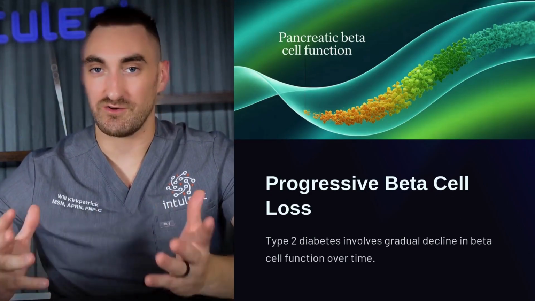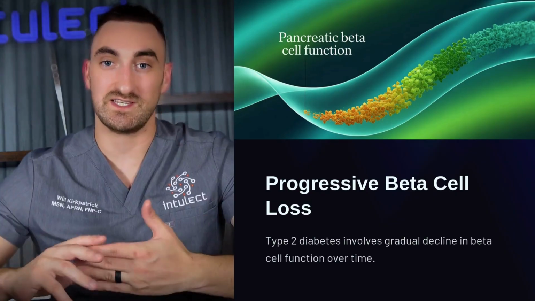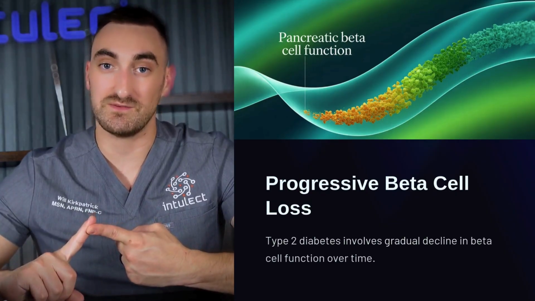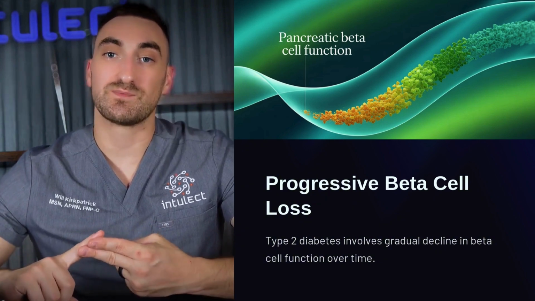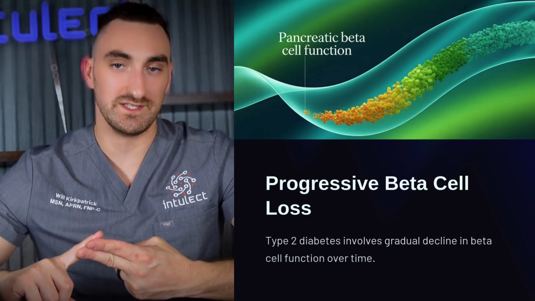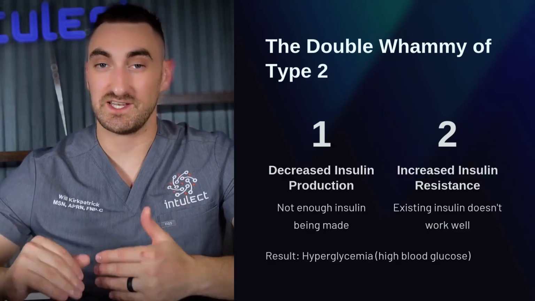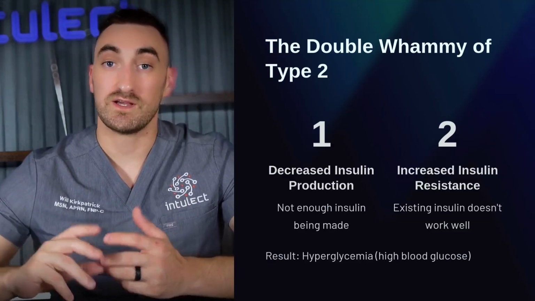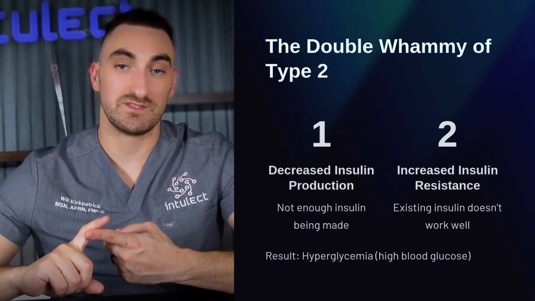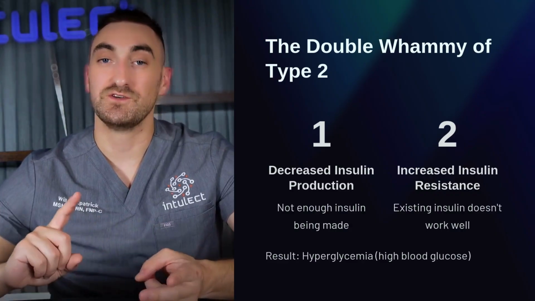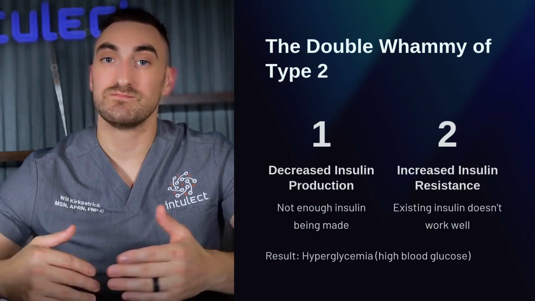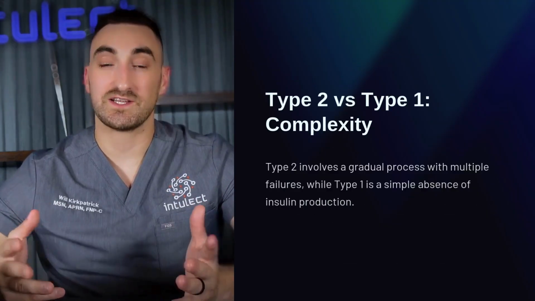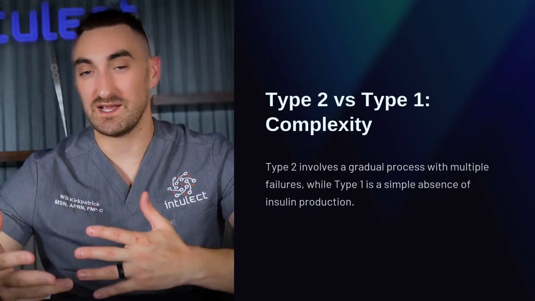So what you're going to hear on your nursing exams and your NCLEX is a progressive loss of beta cell function, so decreased insulin release, and also an increased peripheral resistance to insulin. So really it's two things, and it's a double whammy if you really think about it, because for one, you have decreased insulin secretion, and for two, you have increased resistance to that insulin. So what happens in result? Hyperglycemia. So as you can see, there's a lot more steps to type 2 diabetes.